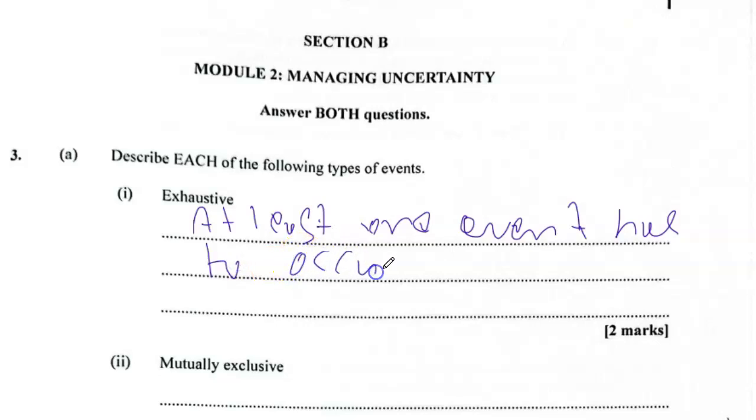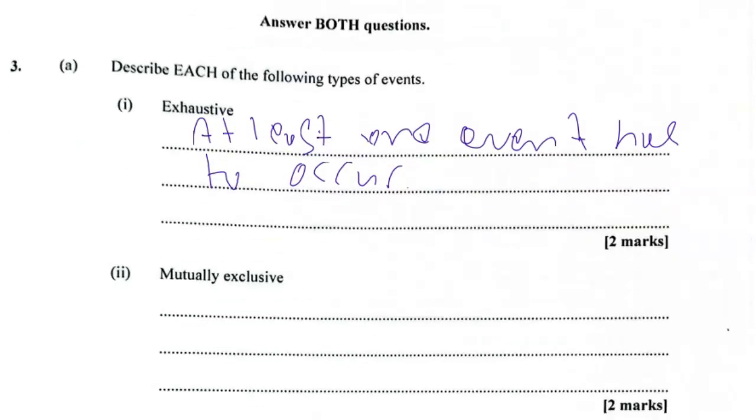So for example, if you toss a coin, heads and tails are exhaustive, since if you toss a coin, it has to be either heads or tails. If you roll a dice, 1, 2, 3, 4, 5, 6 are exhaustive, since one of those numbers has to occur. At least one of those has to occur.